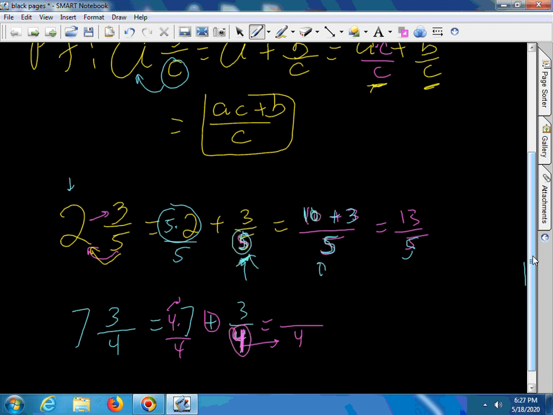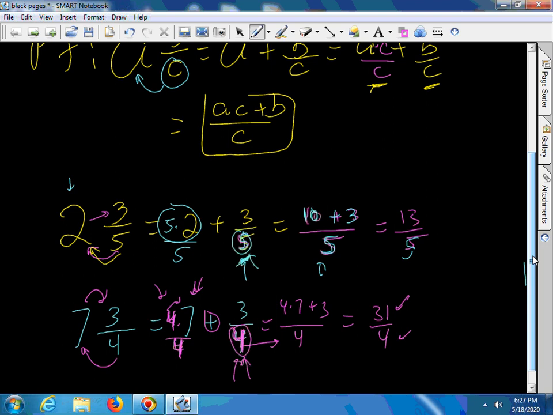Where did the 4 come from? The only reason we wrote 4 over 4 is because of that 4. And that 4 ends up on top and gets multiplied by the 7. So you get 4 times 7, 28 plus 3. You get 31 over 4.